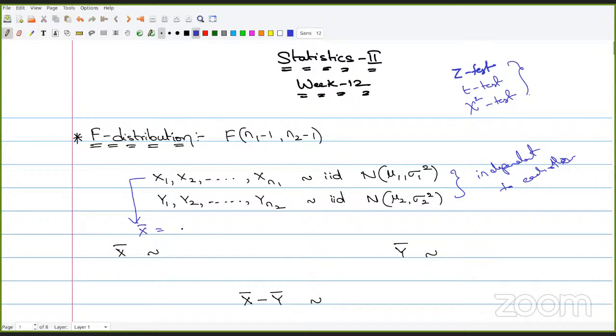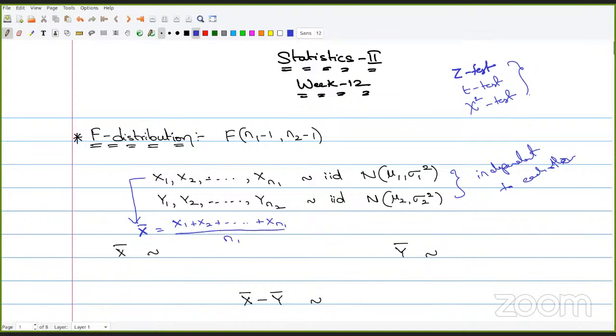What is the sample mean x bar? It is x1 plus x2 and so on up to xn1, divided by n1.